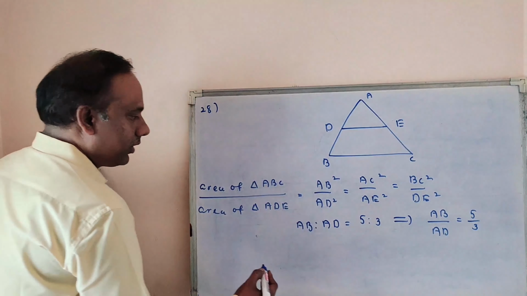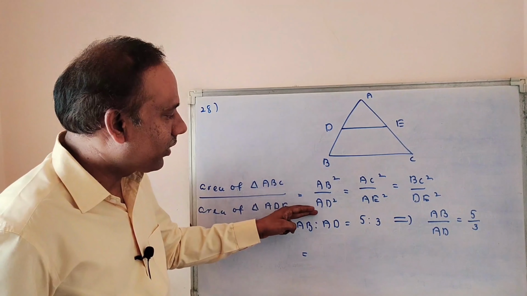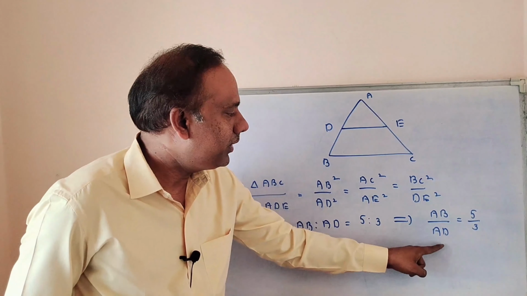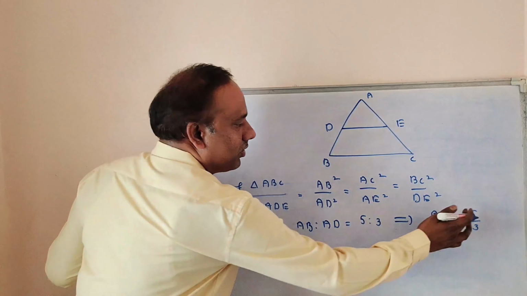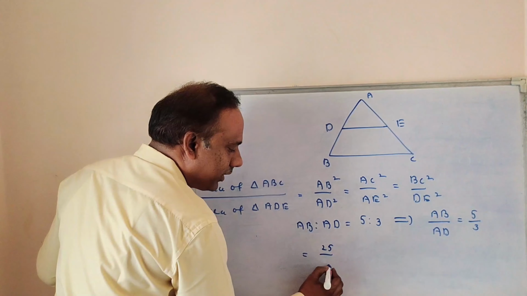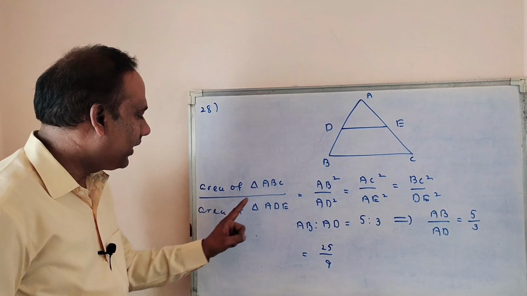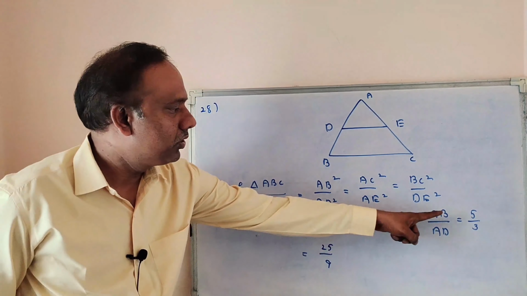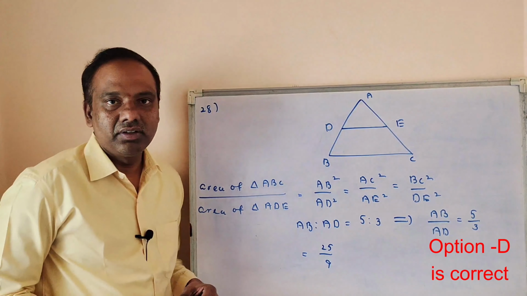So AB square by AD square is 5 square, that is 25, by 3 square, which is 9. So area of triangle ABC by area of triangle ADE is equal to 25 by 9. So option D is the correct answer.